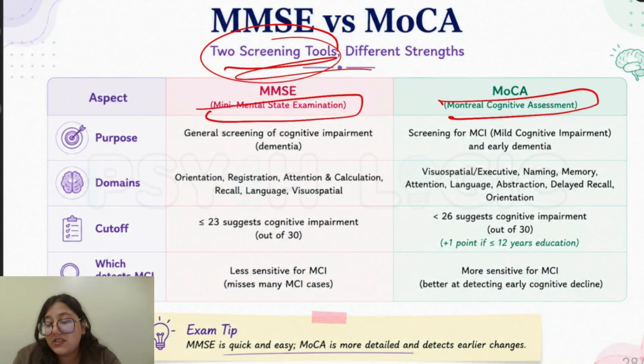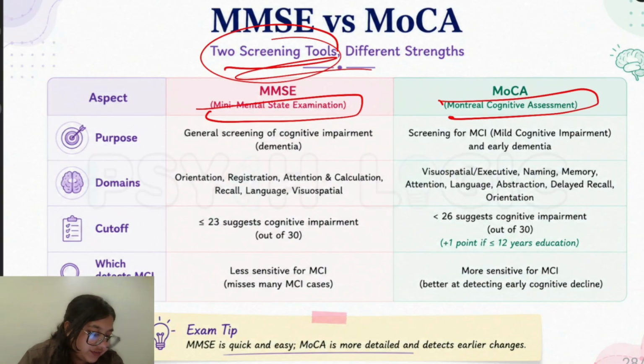So they can tell you that there is some kind of cognitive impairment, but further clinical assessment is always required. Okay. Now, MMSE has traditionally been used as a general screening test for cognitive impairment like dementia. It's quick, it's simple, it's widely used. But why then MoCA? MoCA was developed because clinicians realized that some patients look completely normal on the MMSE, but they actually show very, very early signs of cognitive decline.